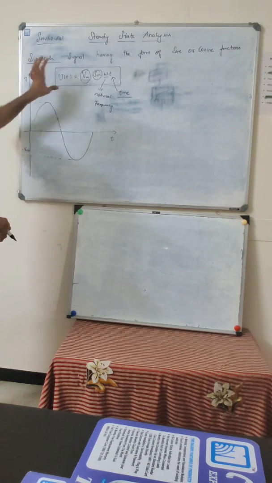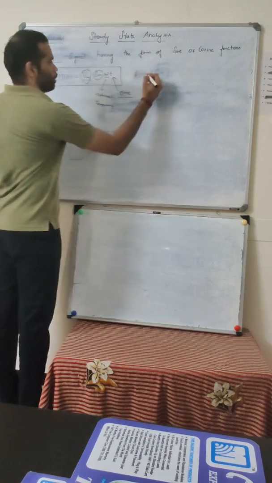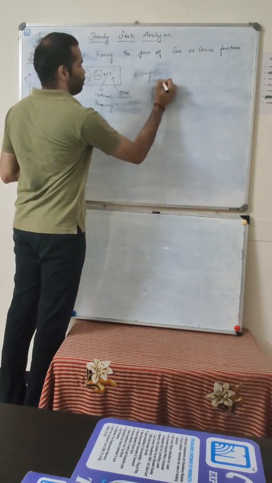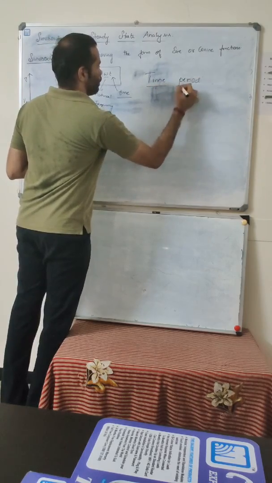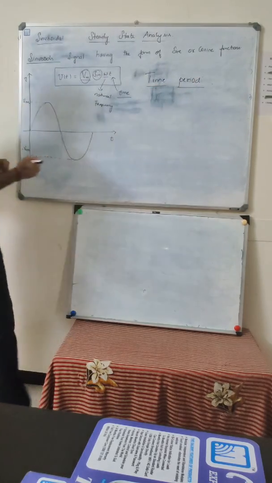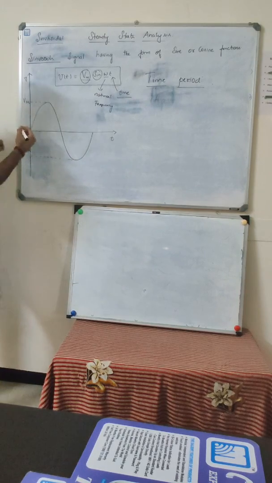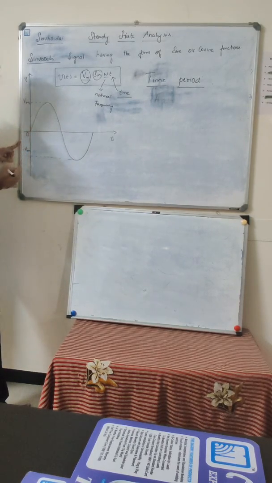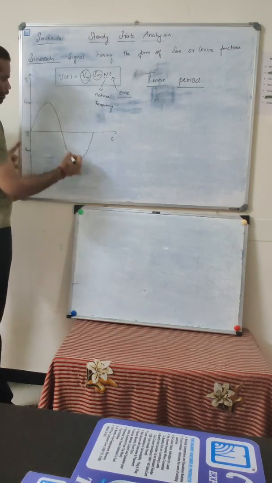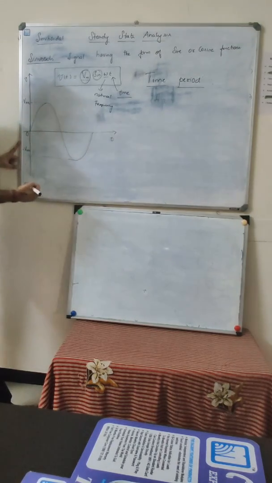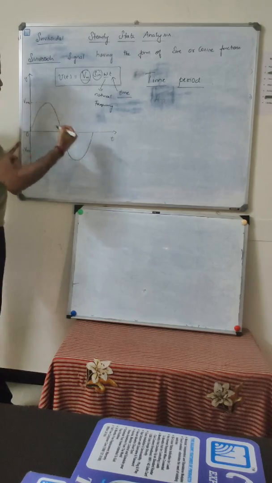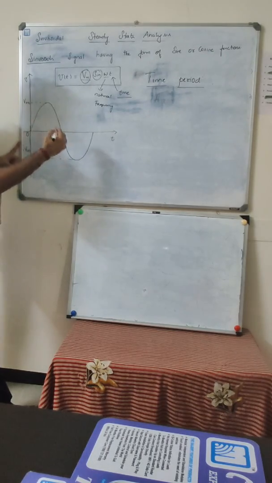Whenever you take this particular example, we generally find another thing called time period. We say it is the fundamental time period. So what is the fundamental time period? This is where the waveform starts at 0, and after one full cycle, which represents both the positive and the negative wave, the positive cycle and the negative cycle together form the complete cycle.